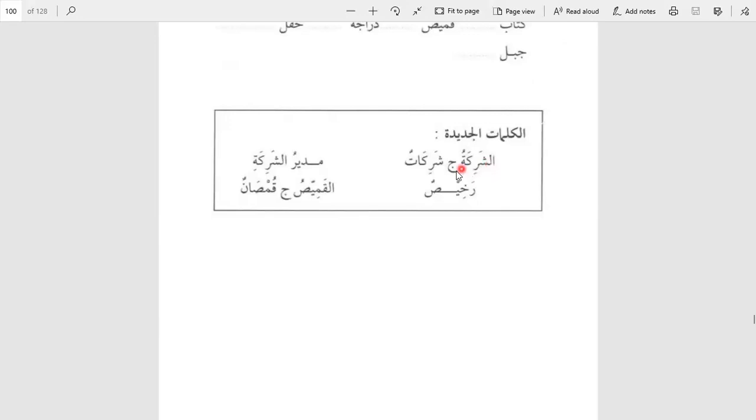Sharika and Sharikat, which is the company. Companies is the plural, and rahisun, boss, and mudir, director. Mudir Sharika, this is the director of the company.